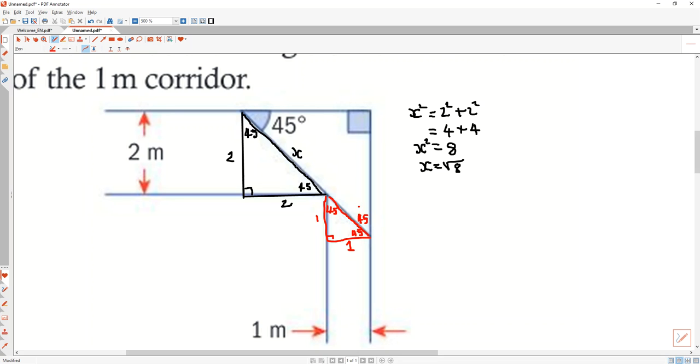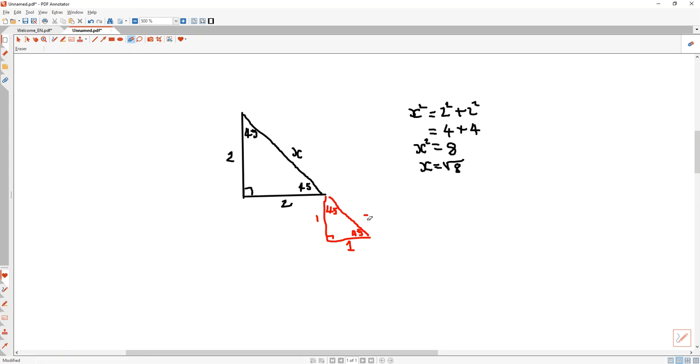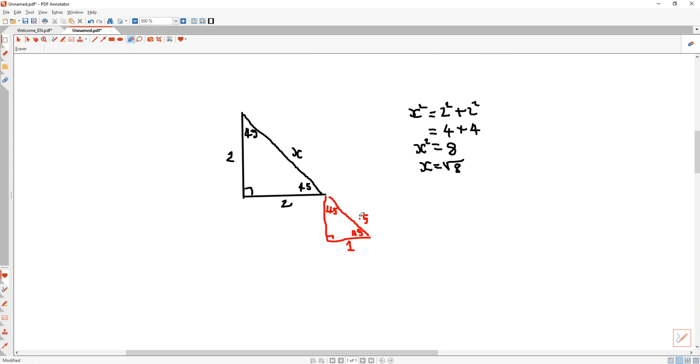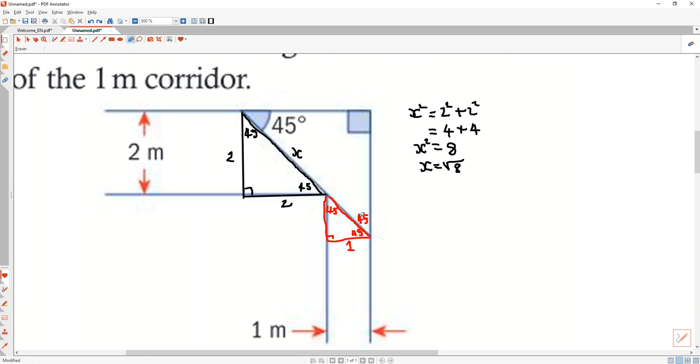So what is then, they're both the same length, always. Yeah, because remember in an isosceles triangle, 2 sides of the triangle are the same, okay? So 2 angles the same, 2 sides the same.